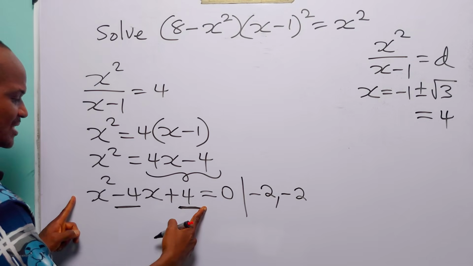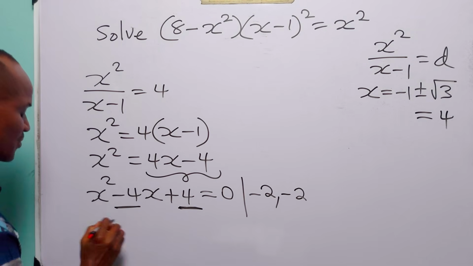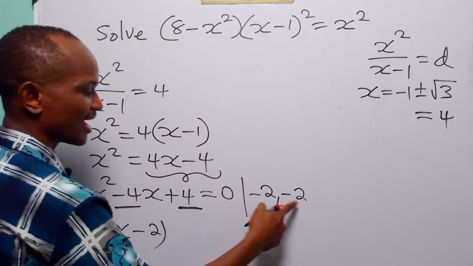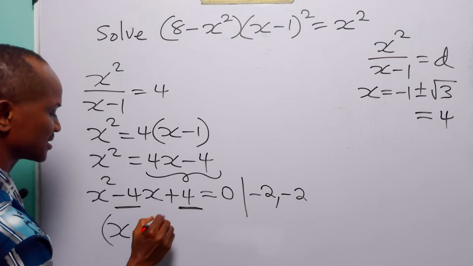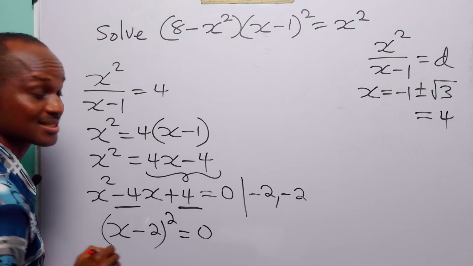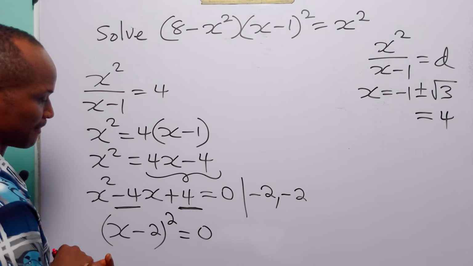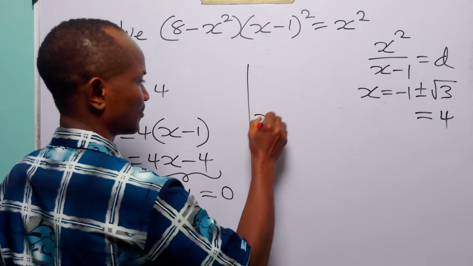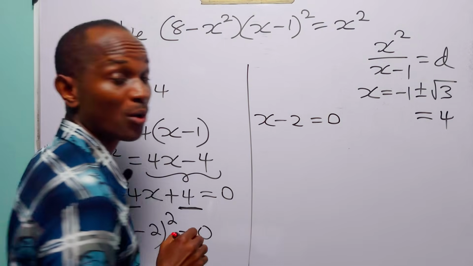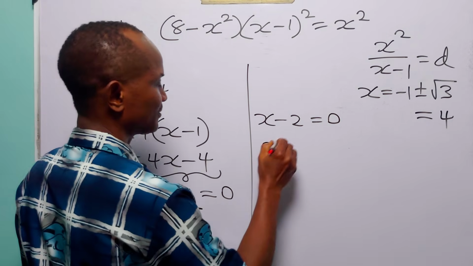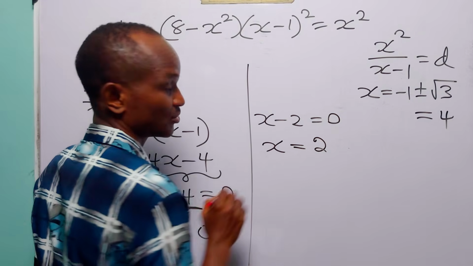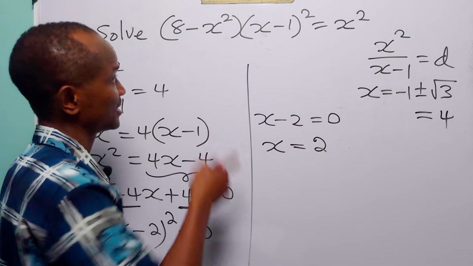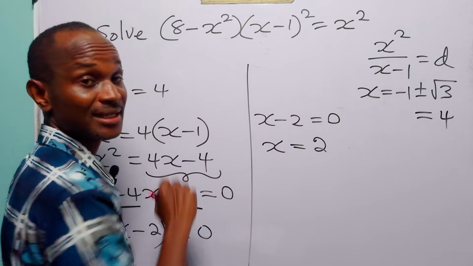So when we factorize the left-hand side of this quadratic equation, we have (x - 2), and since we have repeated factors, this is squared, this is equal to 0. And of course, from here, we have that x - 2 is equal to 0, from where x is equal to 2. So we have all the values of x, 3 values that satisfy this equation.